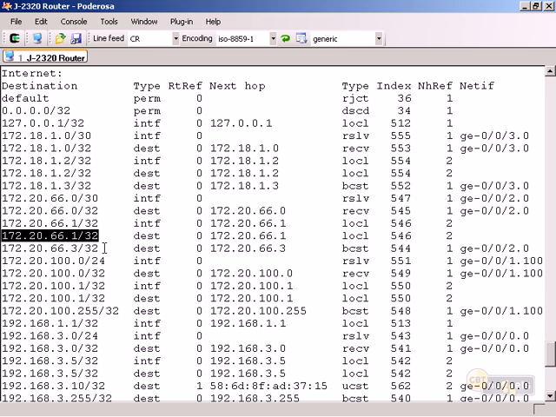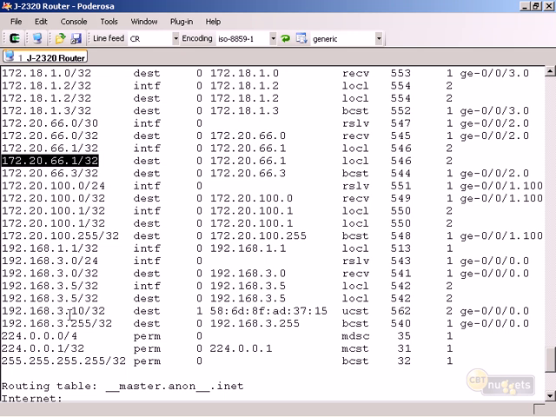Now, if the packet is actually destined to this local device, to this 2320 router, then the OS will process the packet locally. But what if it's sent to a remote device? If you have a valid entry for that remote device, it'll forward that packet out the next hop interface associated with the forwarding table entry.